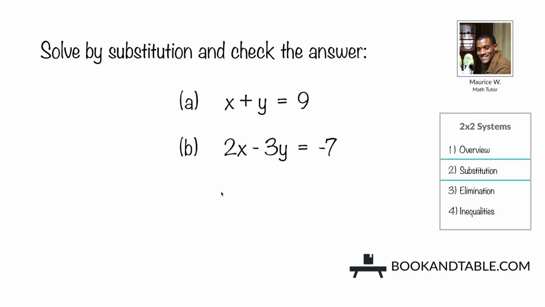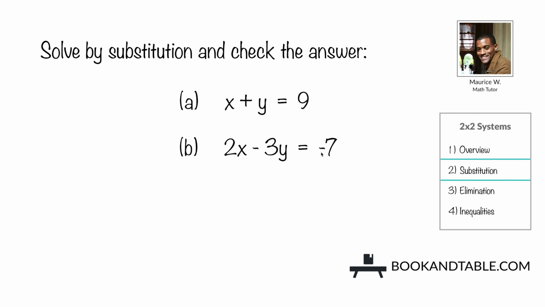But let's now walk through an example of a 2 by 2 system in which both equations have 2 variables. So solve by substitution and check the answer. Equation A, x plus y is equal to 9. Equation B, 2x minus 3y is equal to -7.